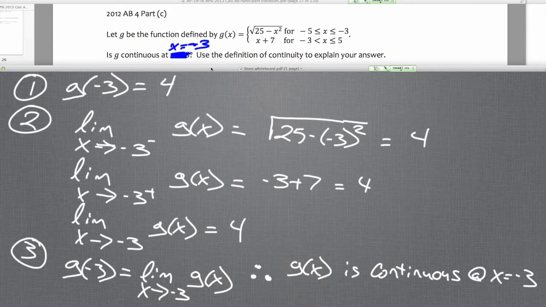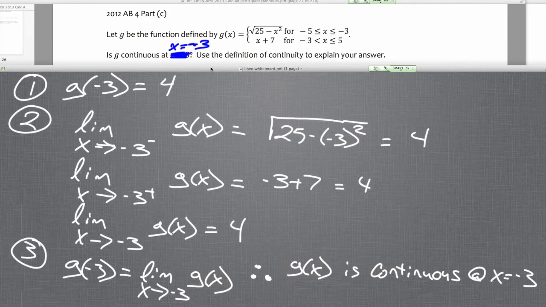That answers the question. That's something you have to get used to in calc. You can do all the work and all your work can be correct, but if you didn't answer the question that they asked, then you're not going to get full credit for it. This problem happens to be worth 2 points, and you can get one of the 2 points without saying that final thing.